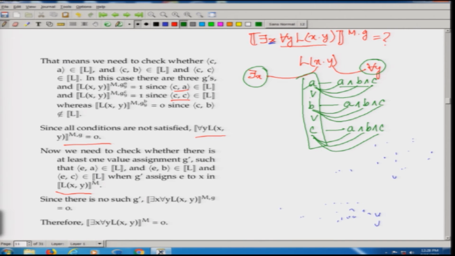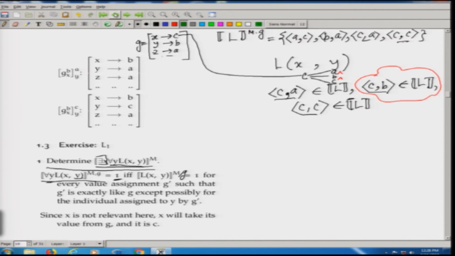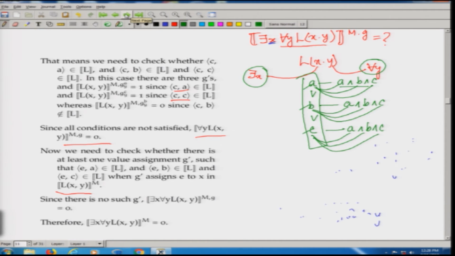If we find A or B or C to satisfy this, then we are happy. Now we notice that we see all the values. Now one value we have already checked. On the previous page we have seen this pairing, the C pairing we have checked, and we have seen that it is not satisfied.